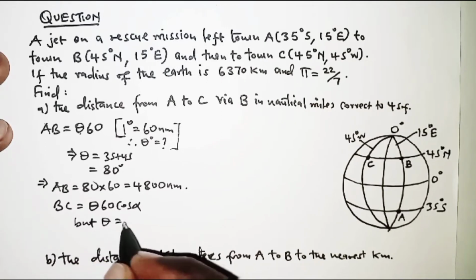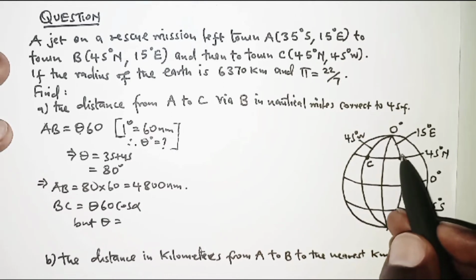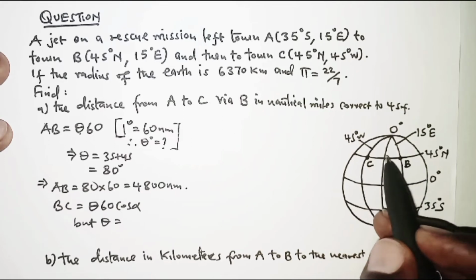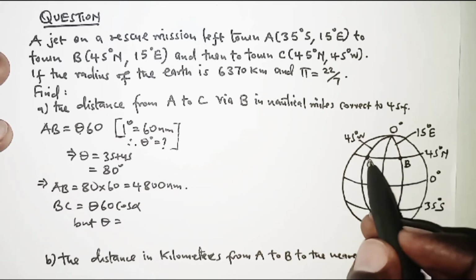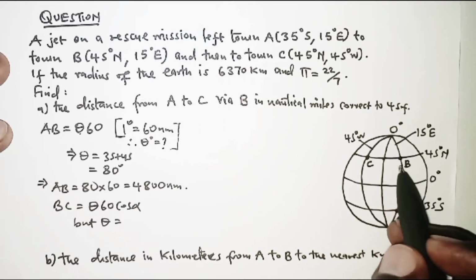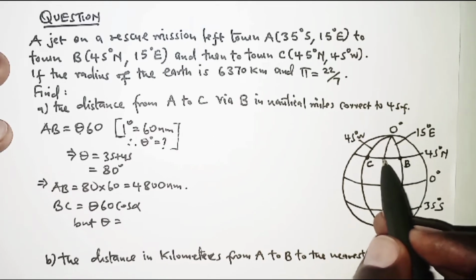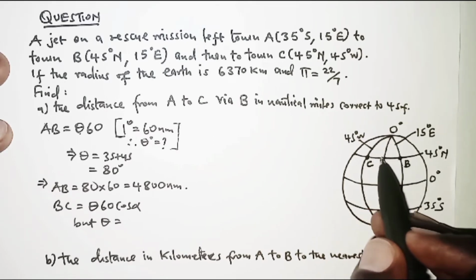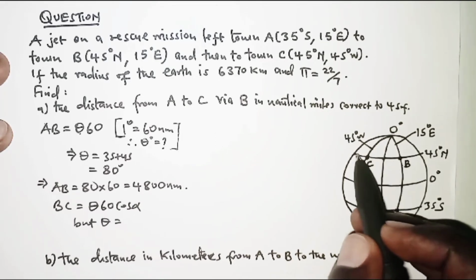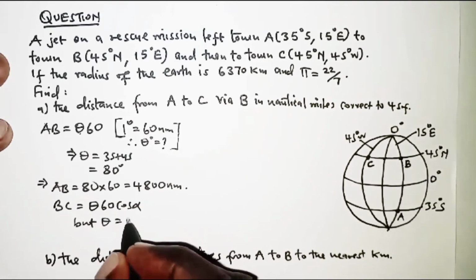Remember that theta for this case will be the longitudinal difference. You are moving from longitude 15 degrees east to longitude 45 degrees west, so here the longitudes are changing. So get the angle difference from 15 degrees east longitude up to the prime meridian, that is 15, and then from the prime meridian to longitude 45 degrees west we have 45, so the total angle is the sum 45 plus 15, so that should give us 60.